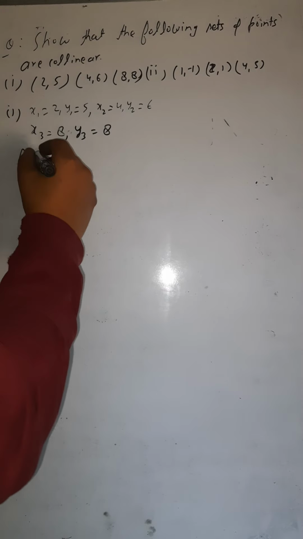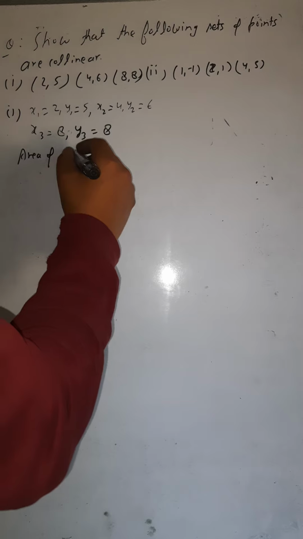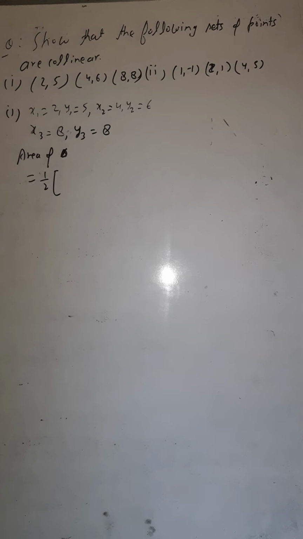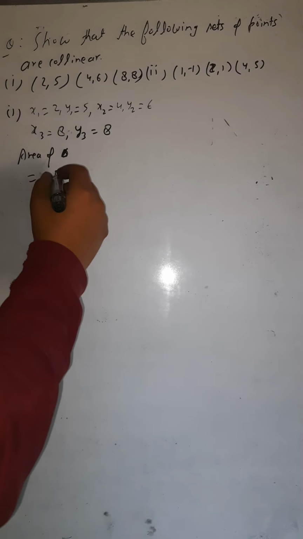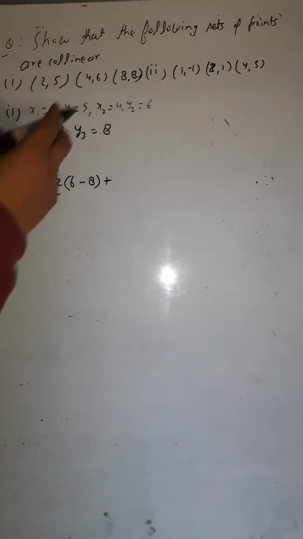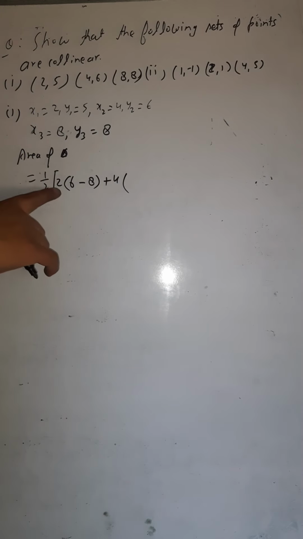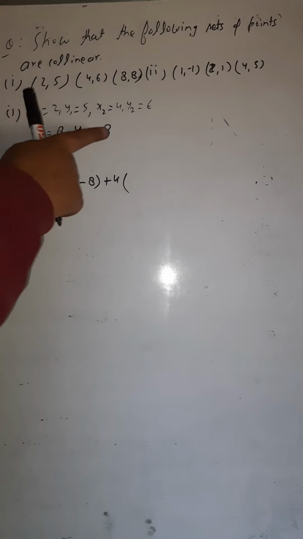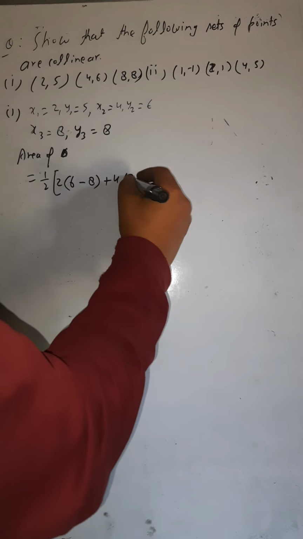Area of triangle is equal to 1 by 2 into x1 outside, and inside y2 minus y3. y2 is 6 minus y3, which is 8, plus x2, which is 4, inside y3 minus y1, that is 8 minus 5.